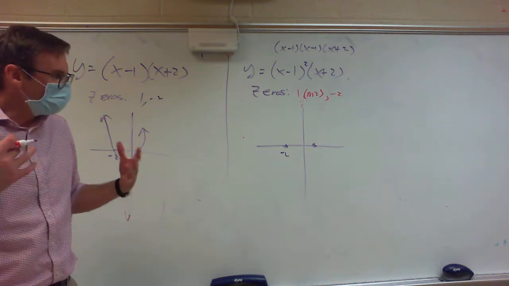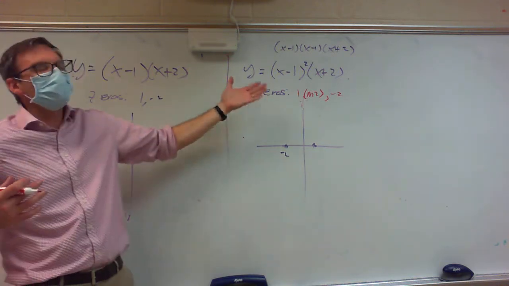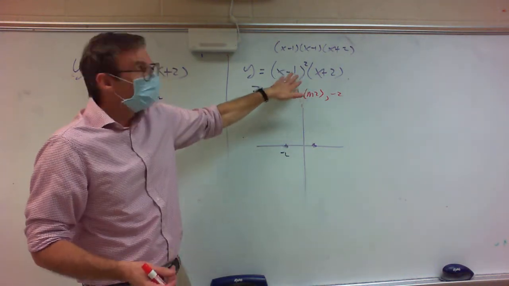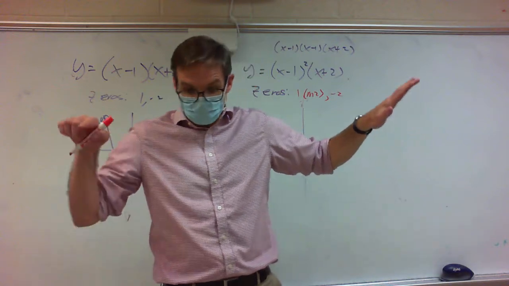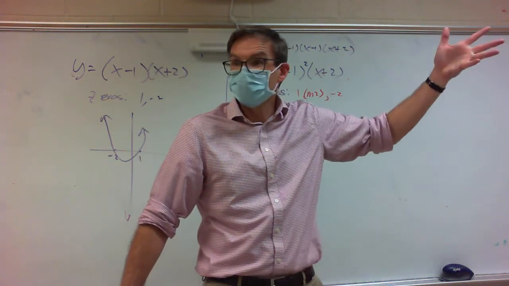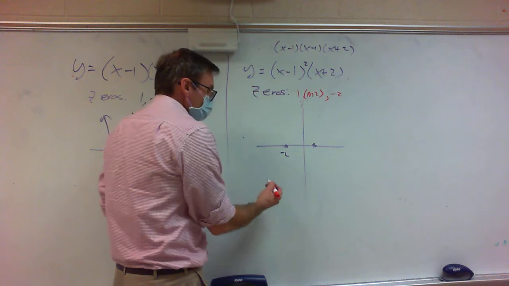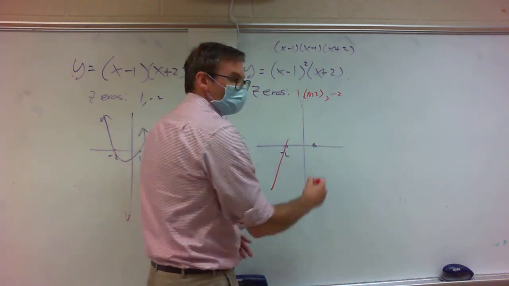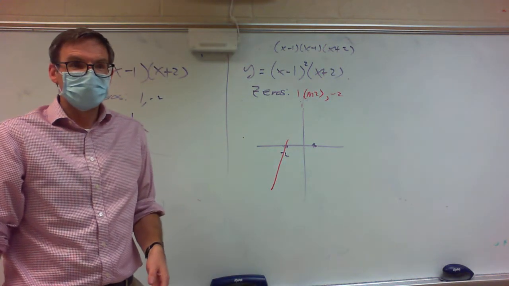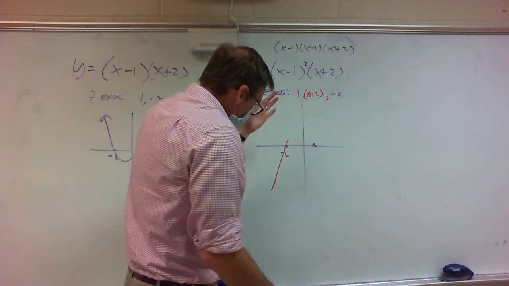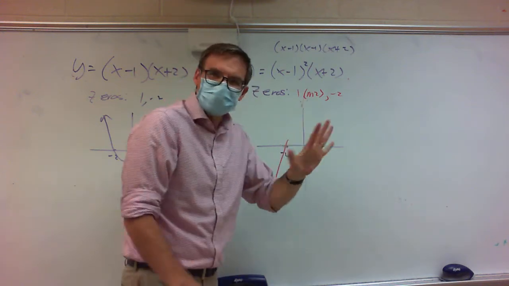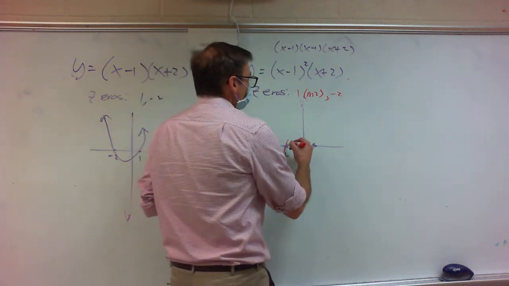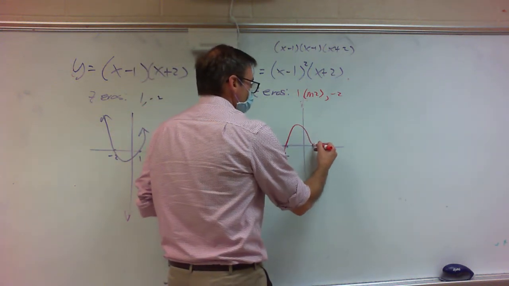So I need to talk about how, if it's got multiplicity 2, that impacts what your picture looks like. Well, here's how it works. First, we okay this is degree 3? So we're going to start here and end up here. That's what degree 3 does. And so if I start here, at negative 2, nothing weird happens. We're just going to pass through it because that's what we do. And if it's multiplicity 2, and I don't have enough time to explain why it works this way, I will have time tomorrow, what ends up happening is it bounces.